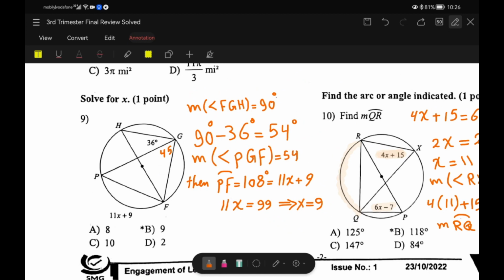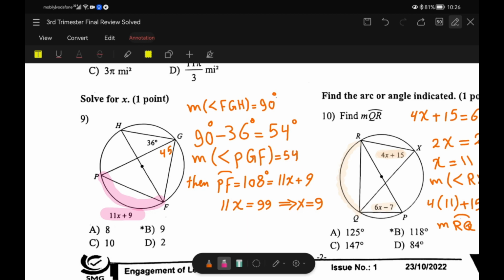Why did we find angle PGF? Because we need to find the value of x, and x is found here for that arc, and the angle 54 is the inscribed angle for that arc PF.